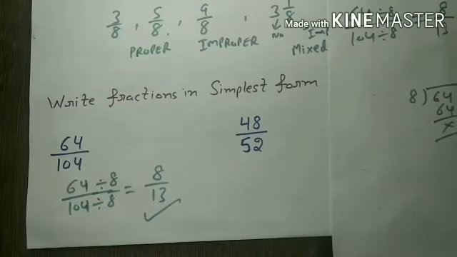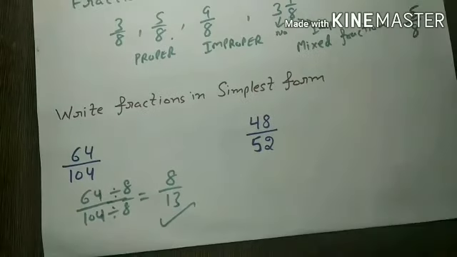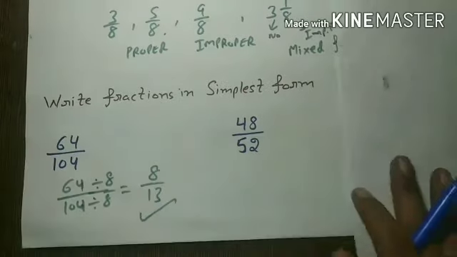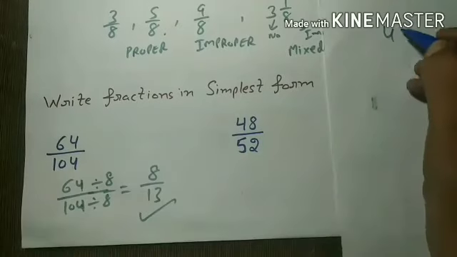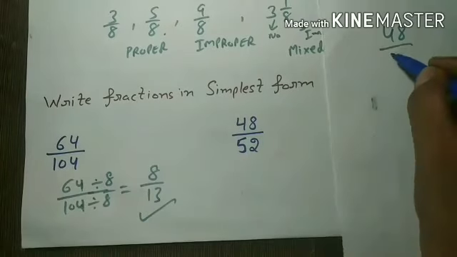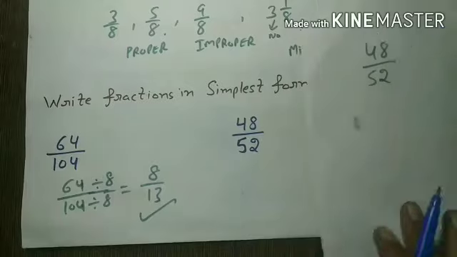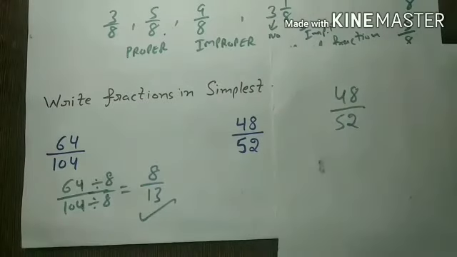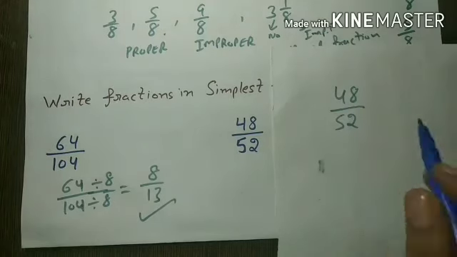Okay student, now this was the long division method to find the simplest form. Again I will go for a different method, which is not really different, but you may find it easy. Now the second question is 48 and 52. You can clearly see that 48 and 52 are both even numbers. So if they are even, it means they are divisible by 2. So divide both by 2.